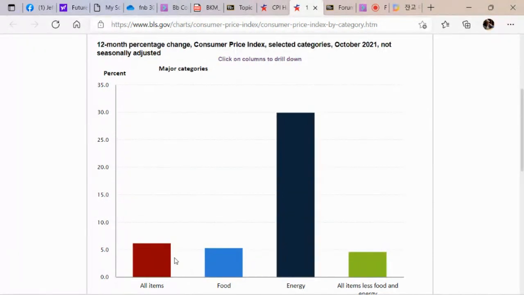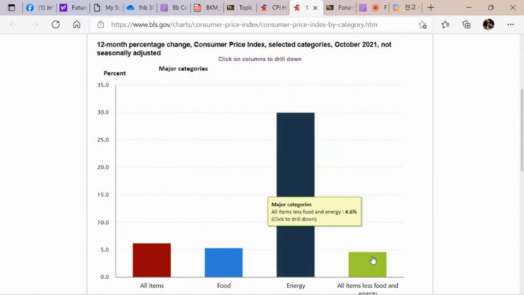So during the course of 2021, there may have been some months where food prices went up more month to month, but comparing year to year, that's what it is. Energy has gone up like 30%.